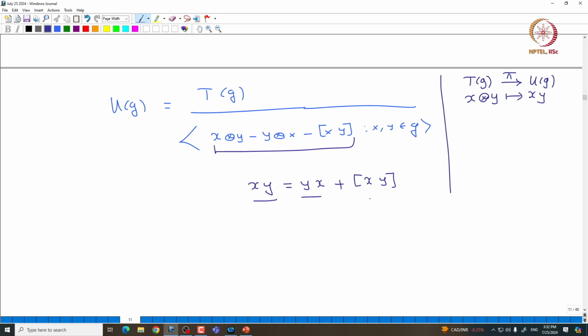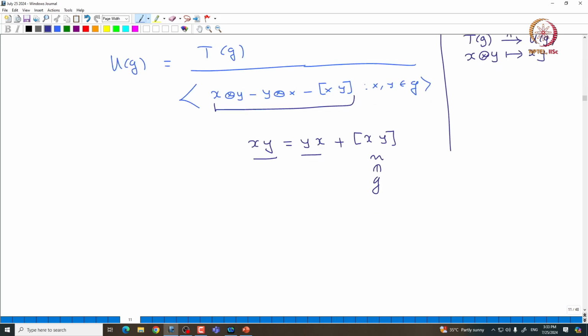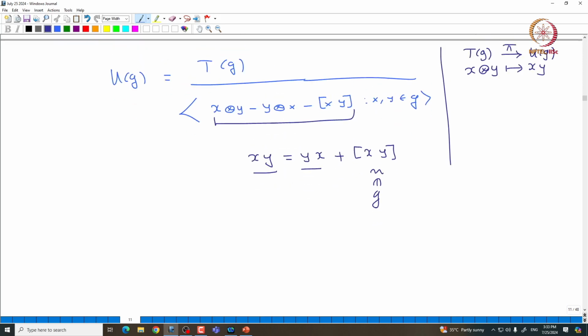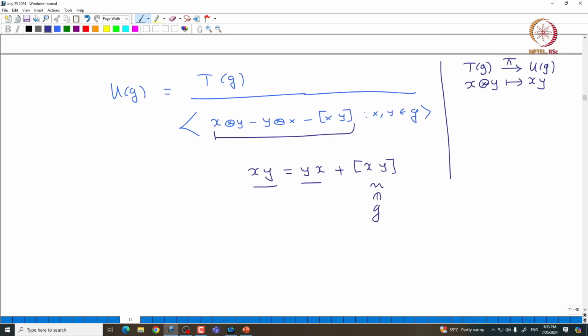But this element indeed comes from G. So, basically we are working in the images. I am not using iota of x, but I am identifying iota of x with x. But if you are not comfortable, let us do it with iota.